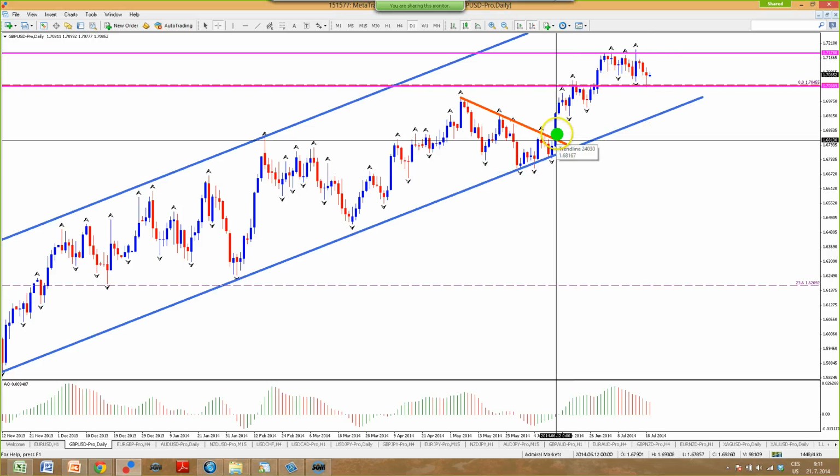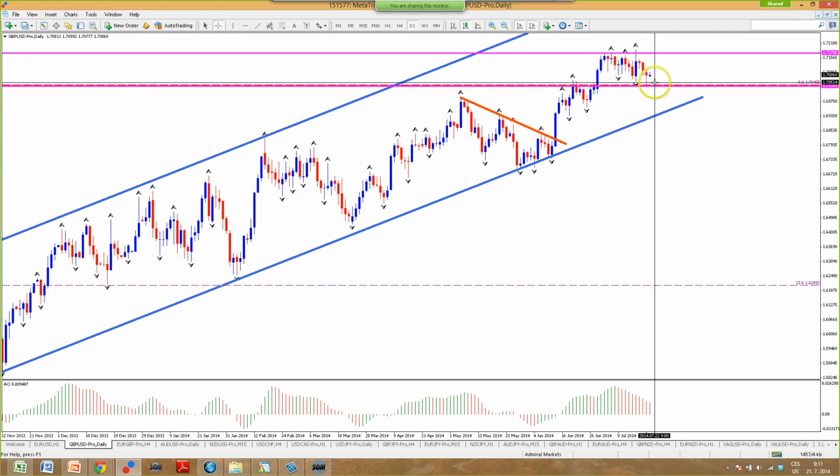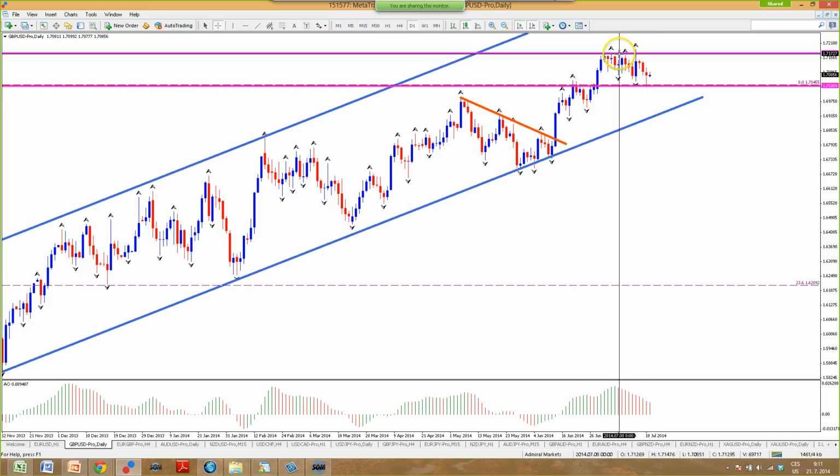We had a good break of this orange trend line within the blue lines. It lasted nicely, but we see a last wick here, and that could be a signal that this uptrend might be having some problems.